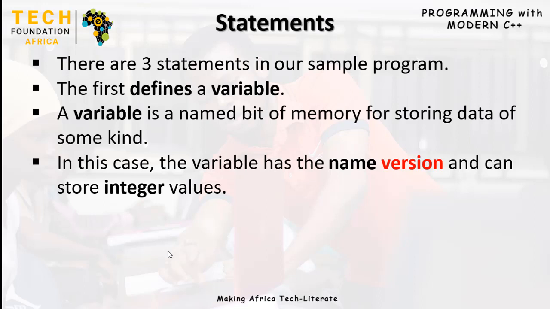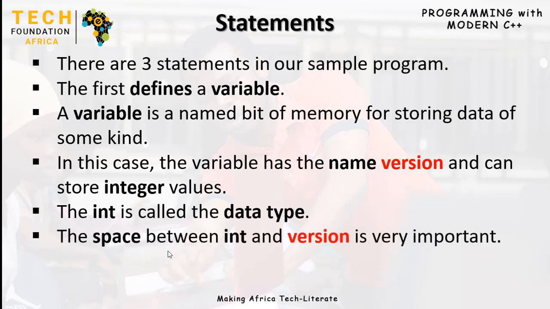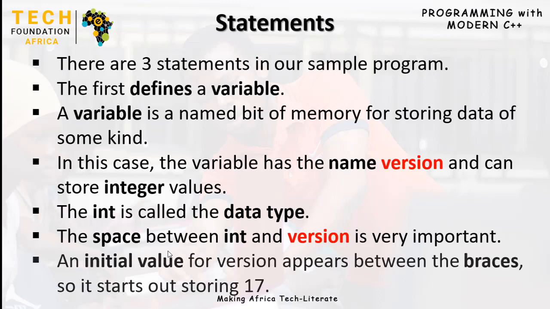The int there represents integers, which are negative or positive whole numbers. Is that okay? Now the space between the int and the version is very important, because if you omit it, it is going to create something the compiler does not understand, and it is going to throw an error.